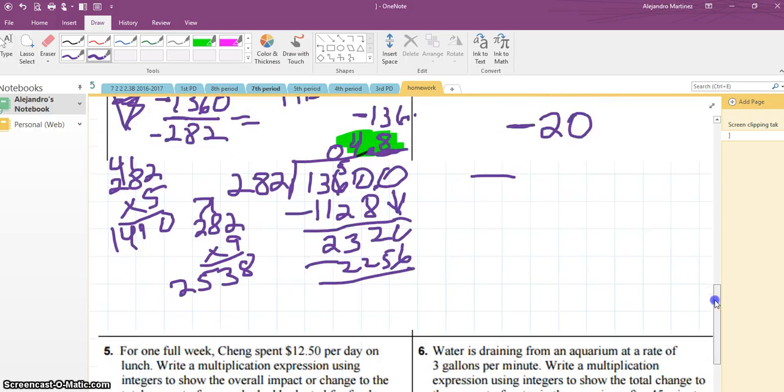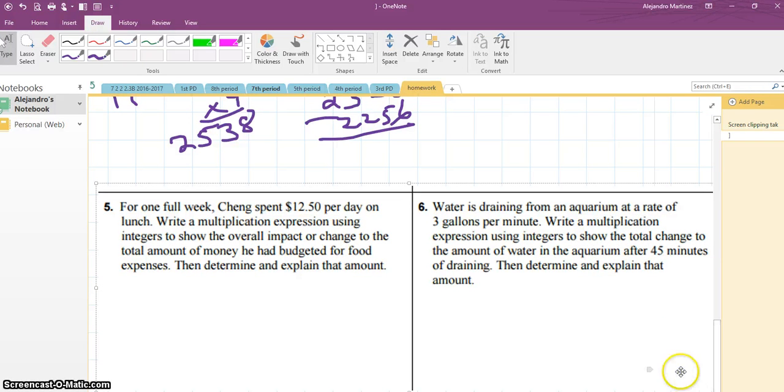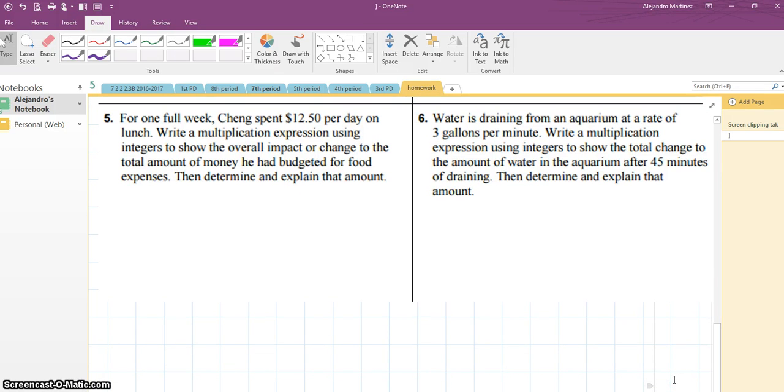So look at the next one there. The 1 week, Chang spent $12.50 per day. Otra vez, look, una semana entera. One full week, una semana entera.